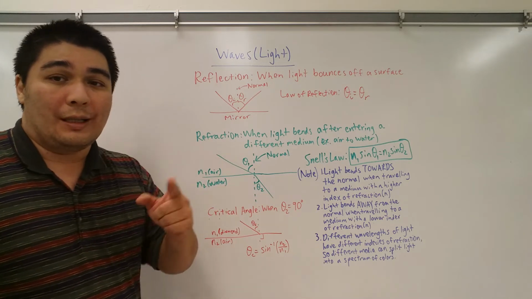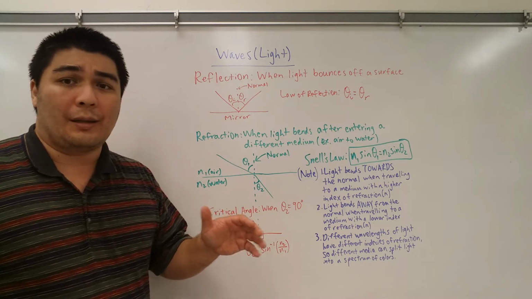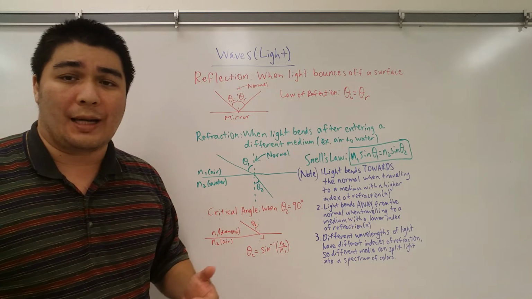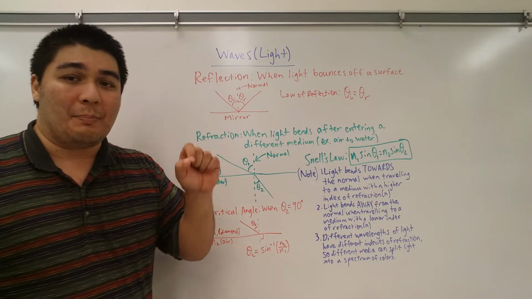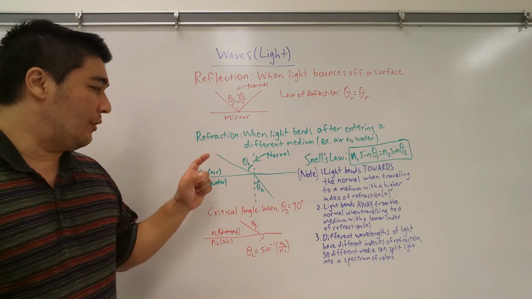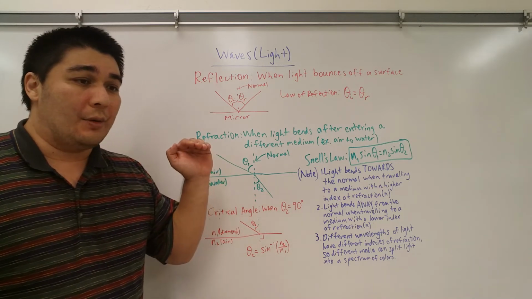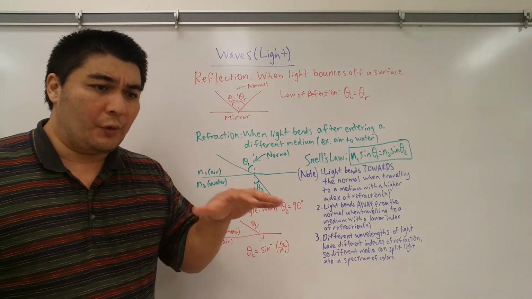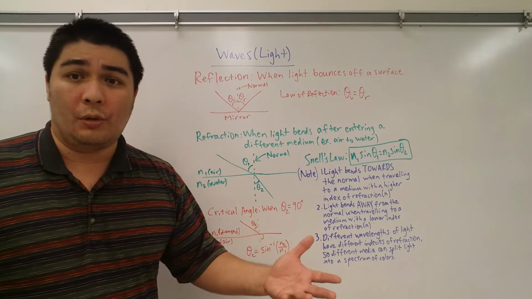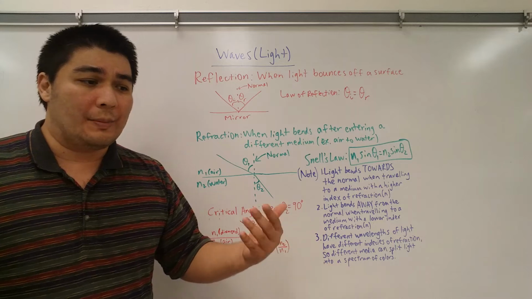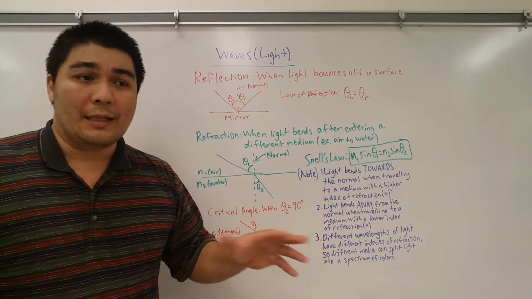Okay, so let us go on to the second way that light interacts with a different medium, or whenever it interacts with something, and that is called refraction. Refraction is when light bends. For example, if you've ever seen light entering water, or light sources inside water, like in a pool, you'll notice the image is not always clear, and it's a little bit distorted.